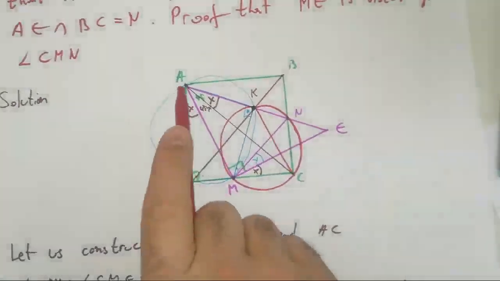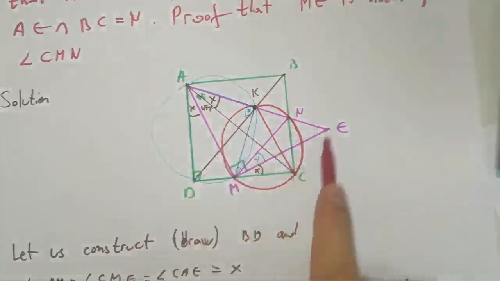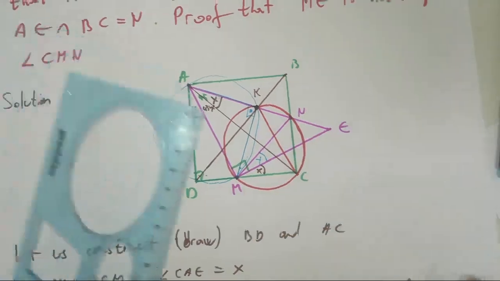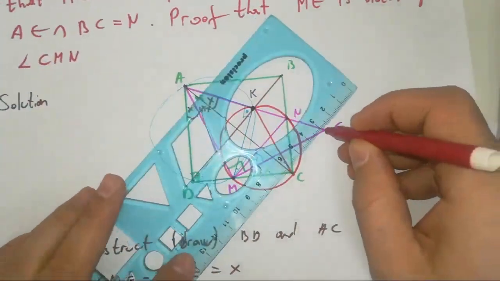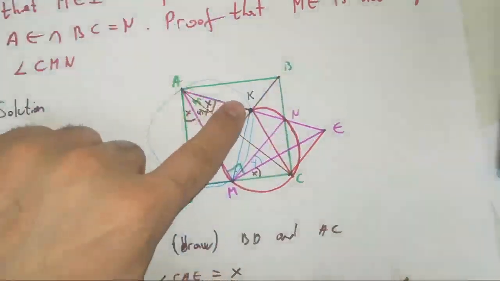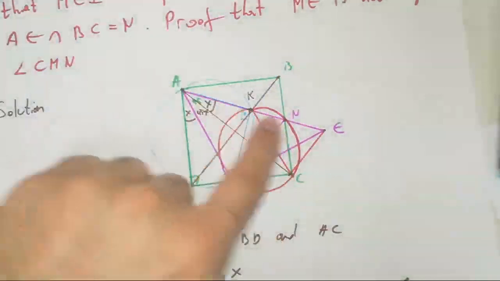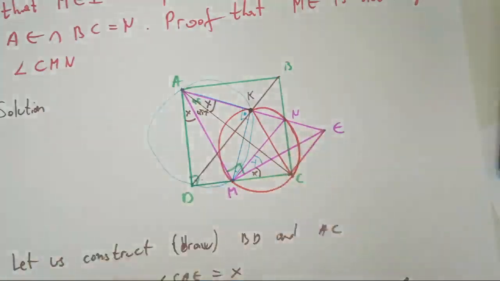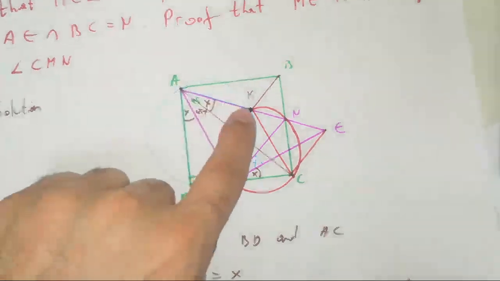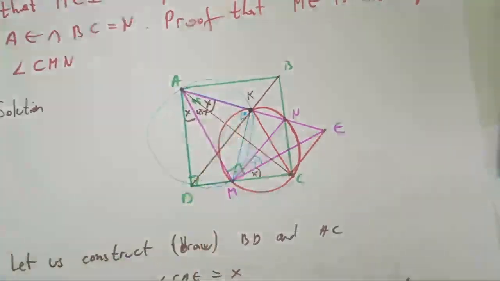All right, if you pay attention, the triangle ACE is a right angle triangle. You can check these ones. AK is equal to KC is equal to KE. Well, if that's the case, then K should be the center of the circumscribed circle.